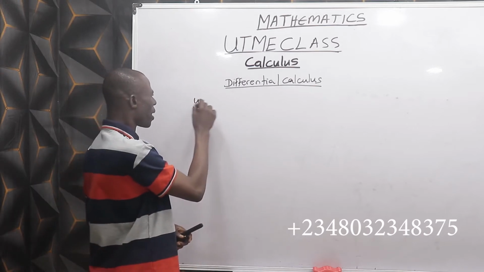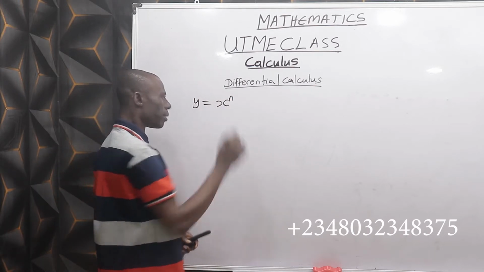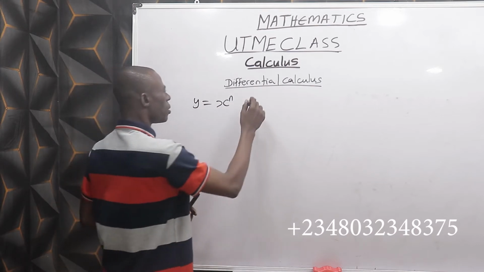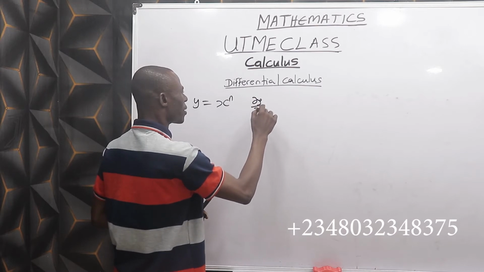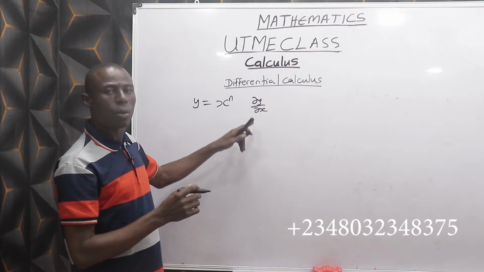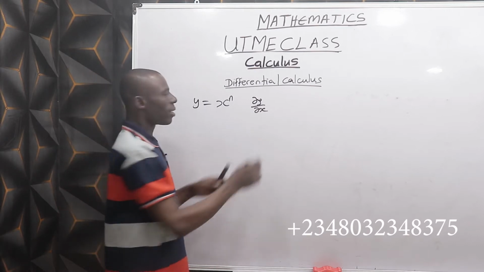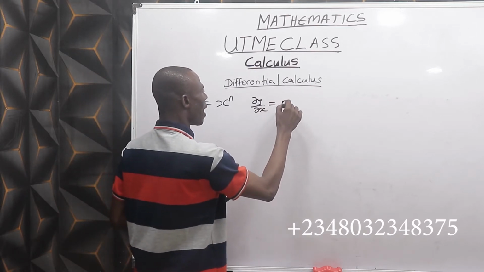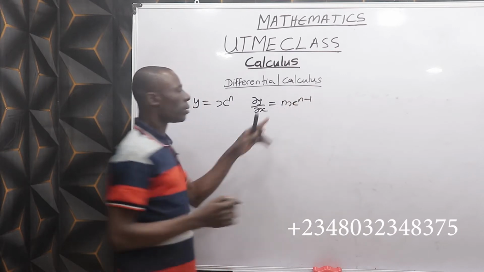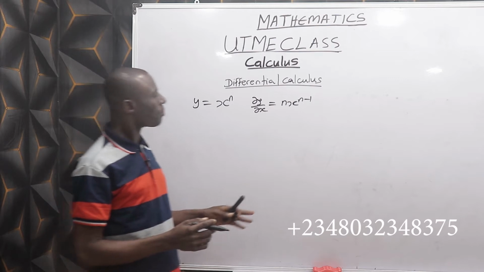Given the function y equals x raised to power n, let's say this is our y function, dy/dx, which means the change in y with respect to x, is nx raised to power n minus 1. Look at what I have written here.